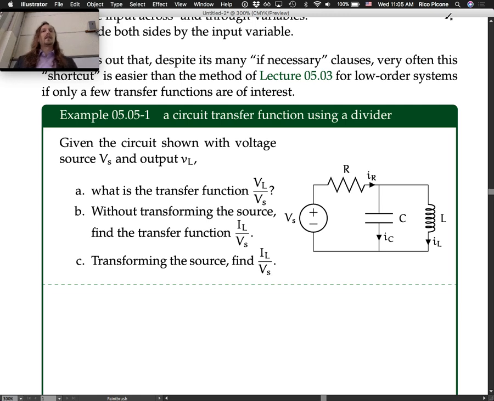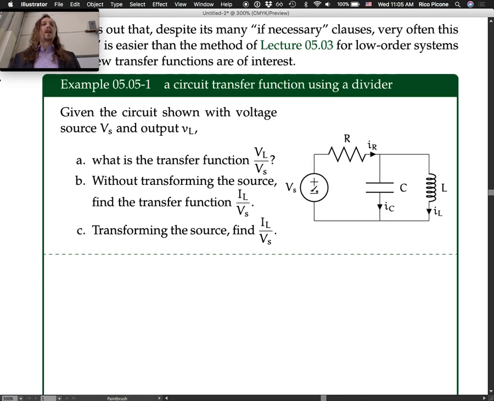Given the circuit shown with voltage source Vs and output VL, what is the transfer function from Vs to VL? That is from the voltage source to the voltage across the inductor. And then, without transforming the source, find the transfer function from Vs to IL.